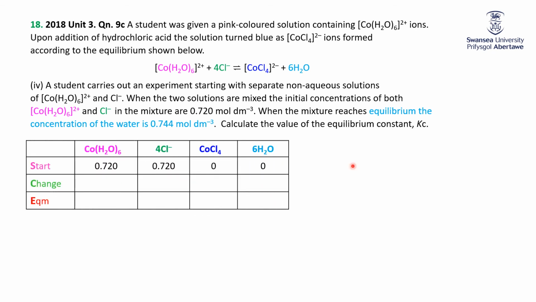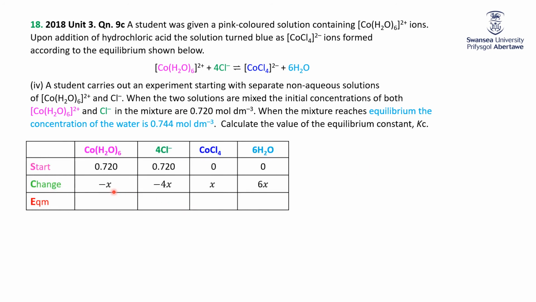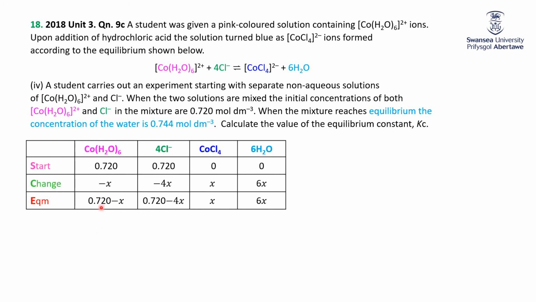There are the starting values, 0.72 each of those, none of the COCl4, none of the H2O. Change will be X, bring in the coefficients, that's 1, 4, 1, and 6, and then make the reactants negative. So at equilibrium, 0.72 minus X, 0.72 minus 4X, X, and 6X.